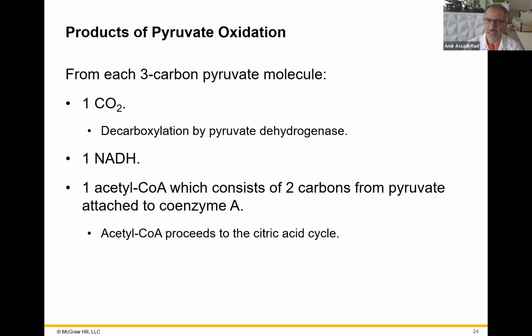If the cell does not need ATP, this becomes fat. We will see. If you do not study for your biology class, this acetyl-CoA turns into fat. You study for your biology class, this becomes energy. So you can think, you can study.